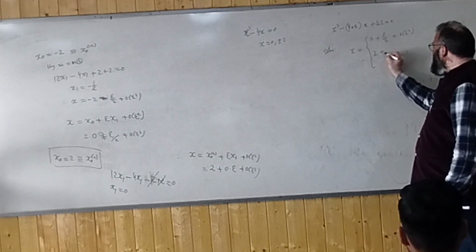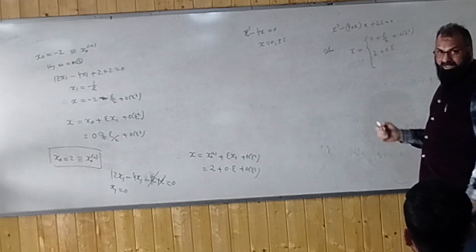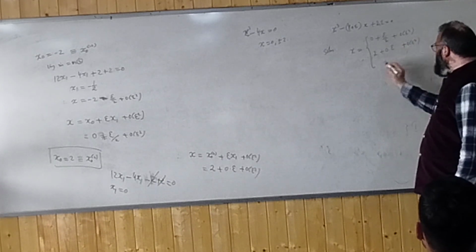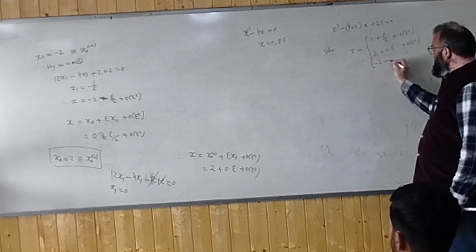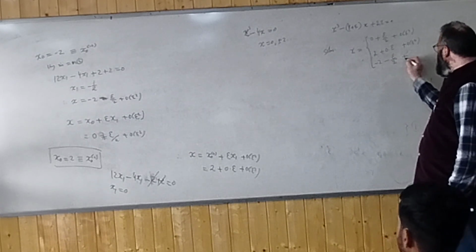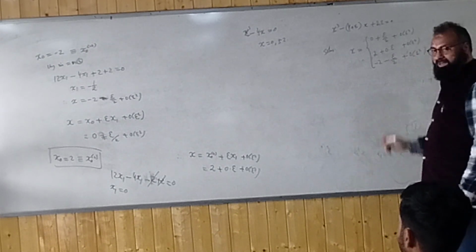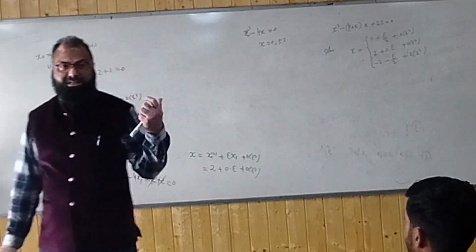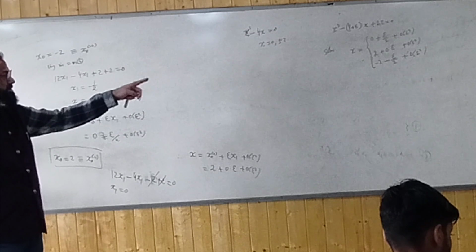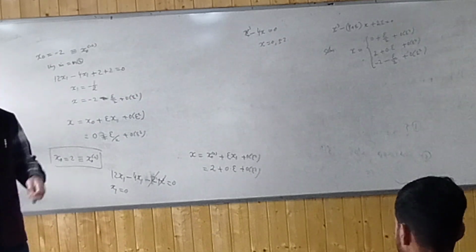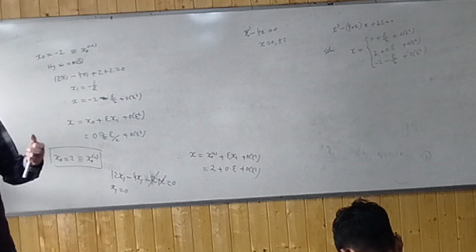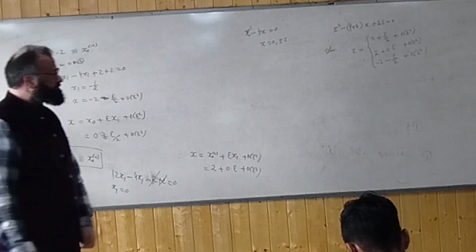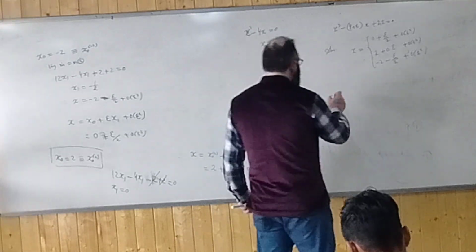Another is 2 plus 0, there is no first order correction, plus order epsilon square. Then minus 2 minus epsilon by 2 plus order epsilon square. So this is the solution of your problem. That means if you substitute these values in your equation, they are satisfied up to order of epsilon square. You have to ignore order of epsilon square terms in your equation. Clear? Got it?